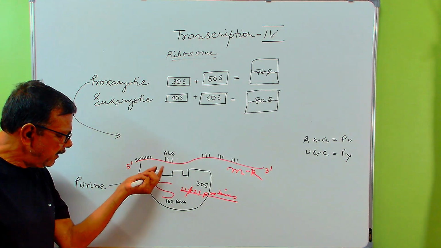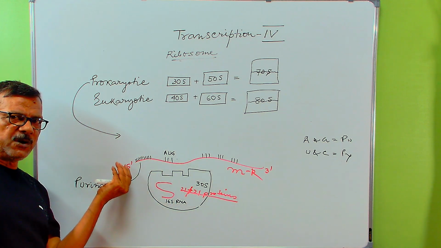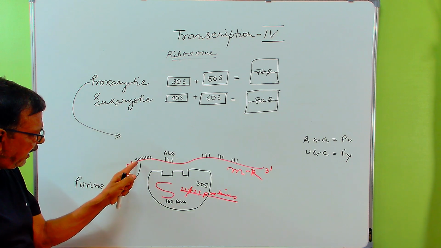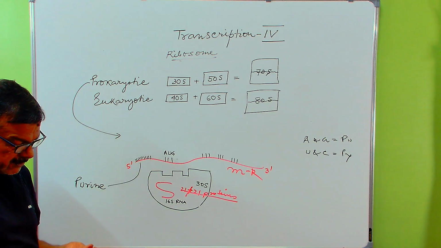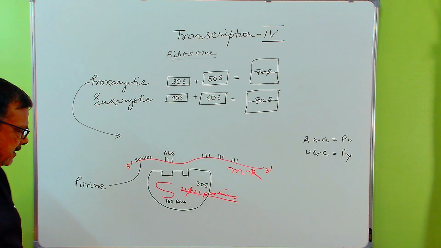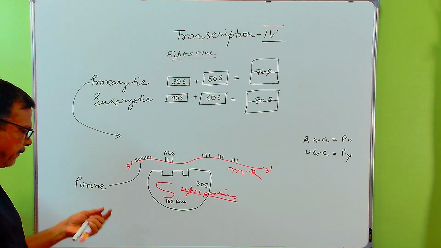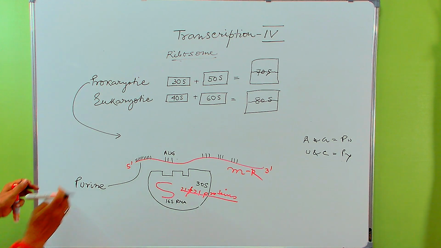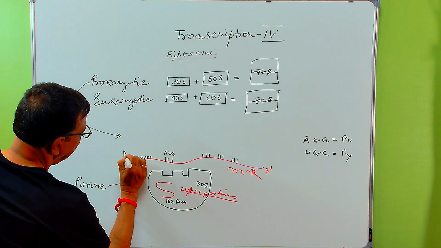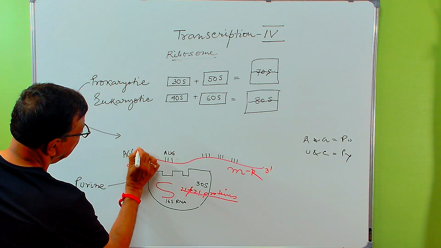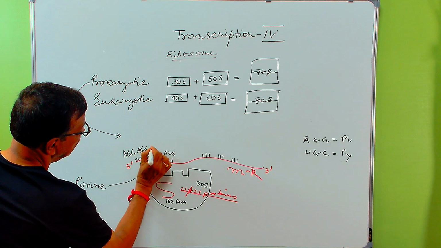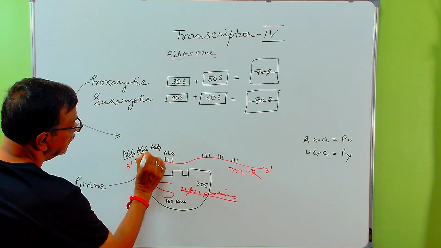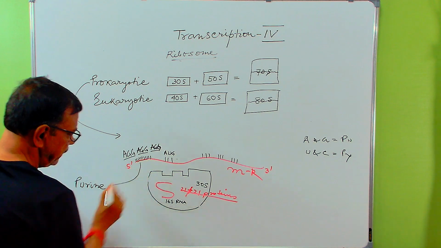Now if you go upstream again, you will find a special sequence of nucleotides which are purine bases. Purine bases means A, G, G, A, G, G, A, G, G. This way, the triplet codes are there.